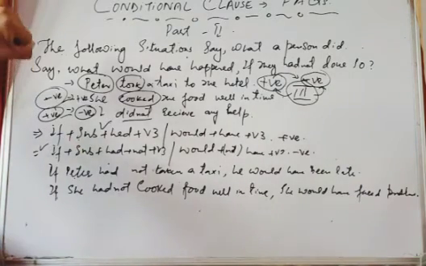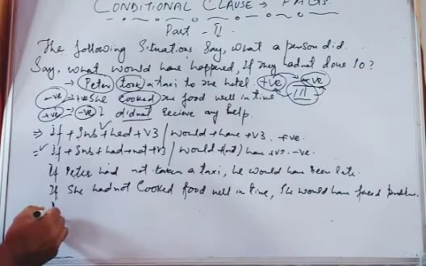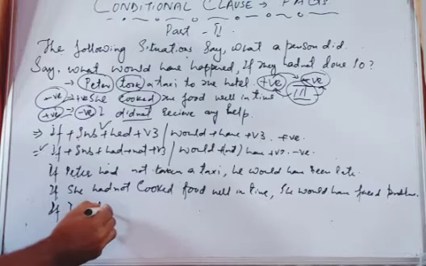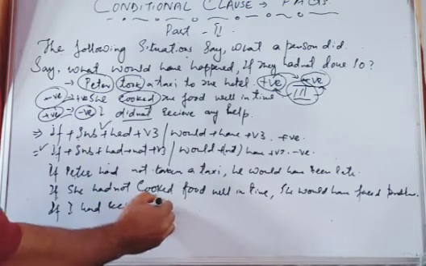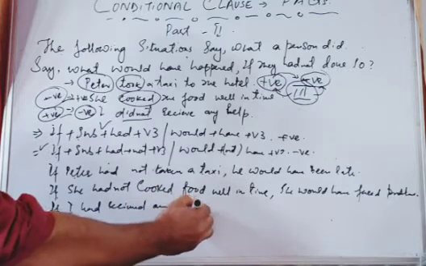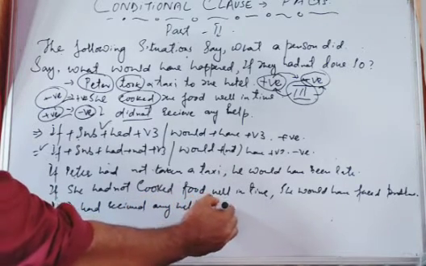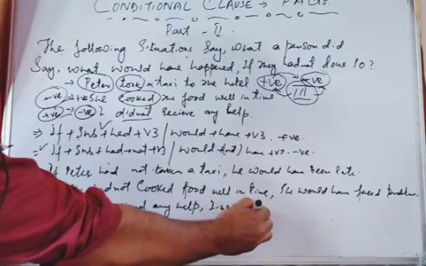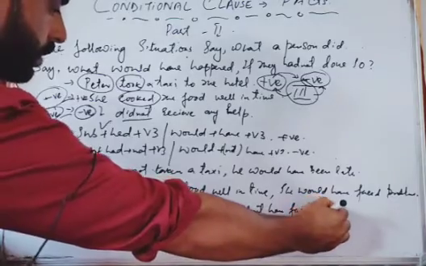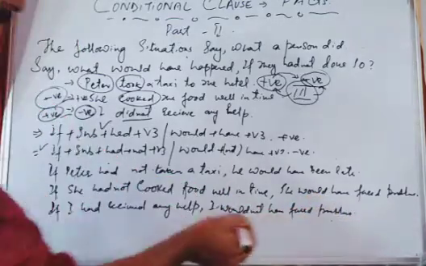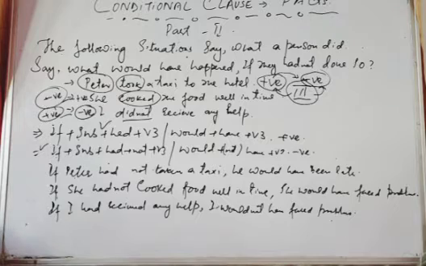In the given direction, we have to say if I had received any help, what would have happened? I wouldn't have faced problems, but I would have felt joy, I would have felt comfort.